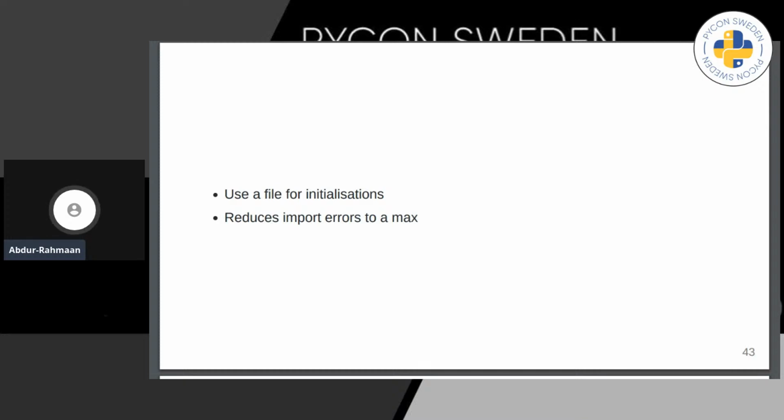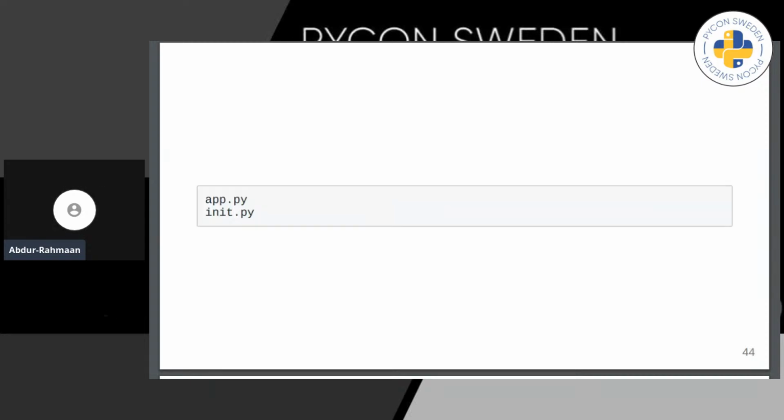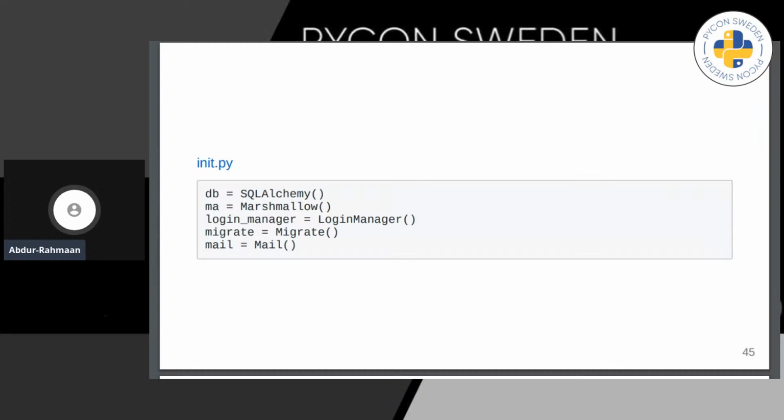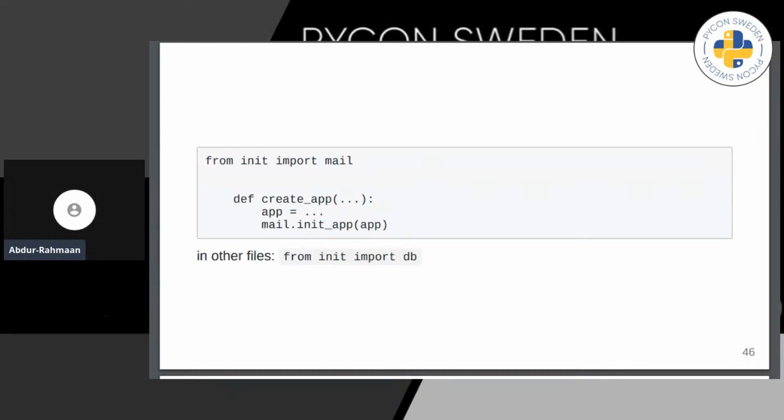Now if you have a blueprint, you'd be importing from app.py, maybe importing SQLAlchemy, importing db, importing mail from app.py. That's when you run into circular import errors. But it's better to have a separate file for initializations, maybe called init.py, and then you define the extension objects in there. And in app.py, so I just missed the indentation.